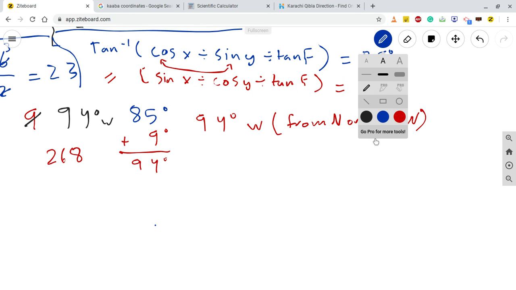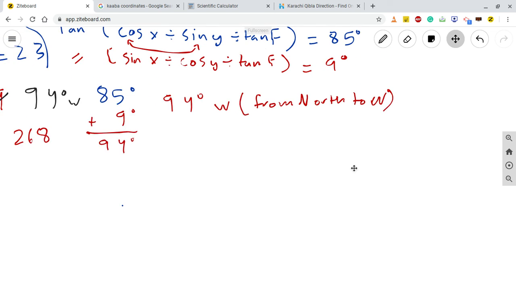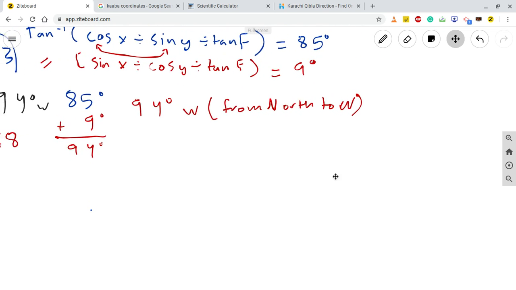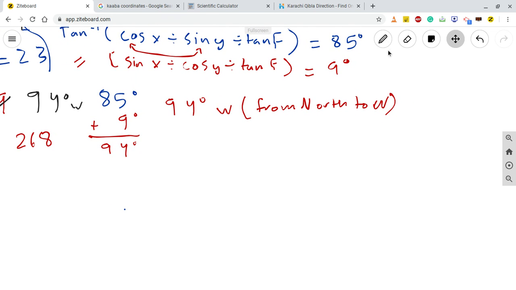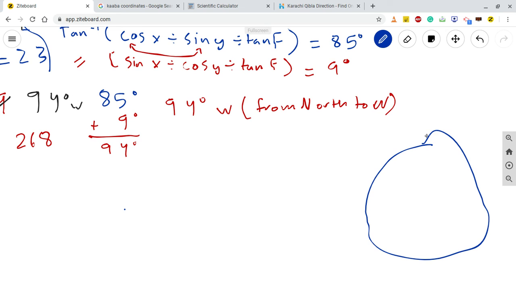So let me just draw a globe here. Okay, just ignore this. So from here it's north.